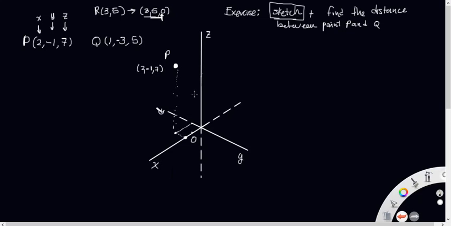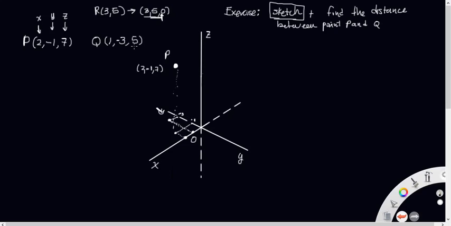Okay, let's do the next one. It's point Q, and we need to move 1 unit in the positive x-axis. This is somewhere here. -3 in the y-axis, so this is -1, -2, -3. If we draw a little line here, just to let you know that this is -3, this is -1.